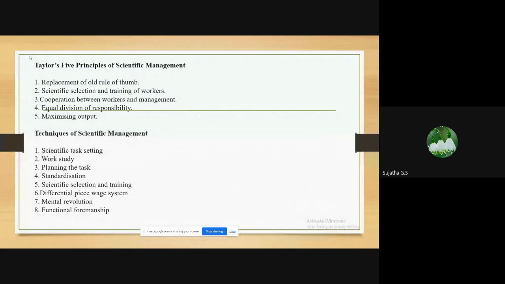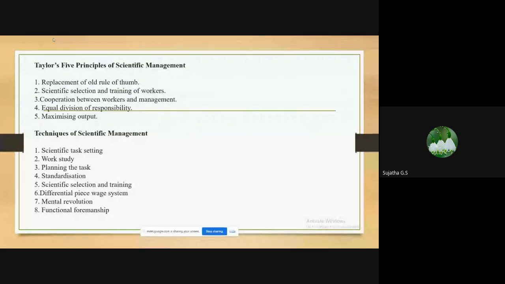Taylor calls it a fair day's work. The first technique of scientific management is scientific task setting. Deciding what piece of work must be done has to be determined using appropriate criteria.